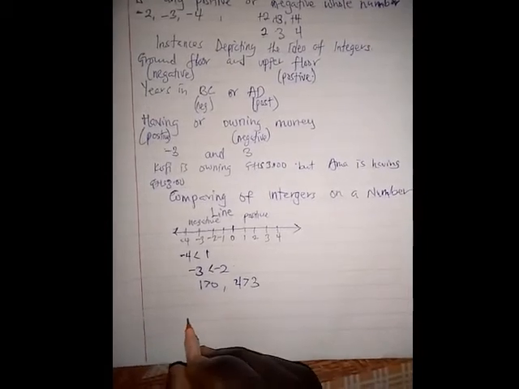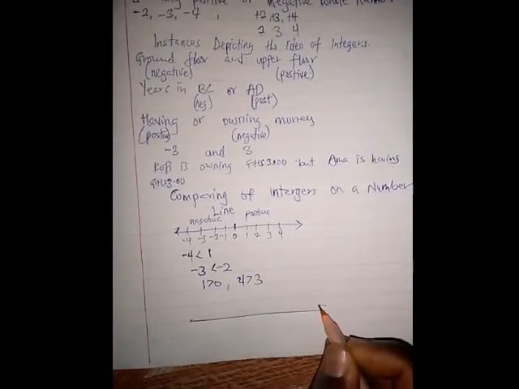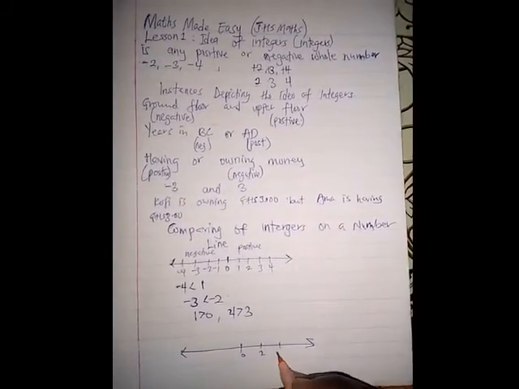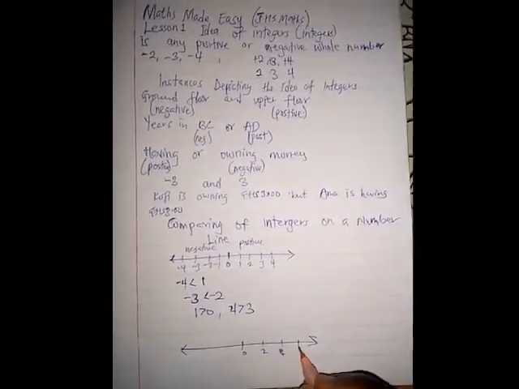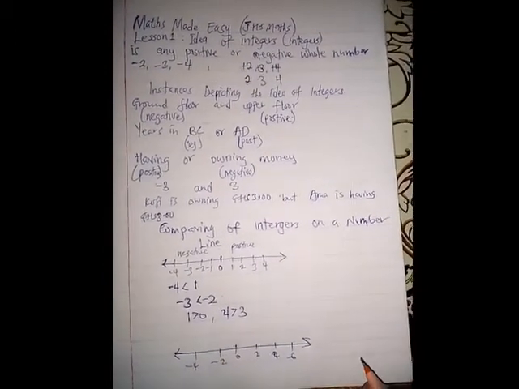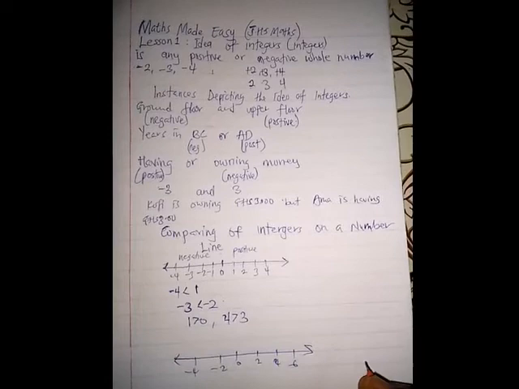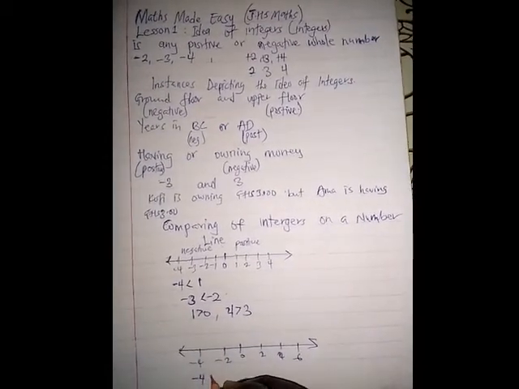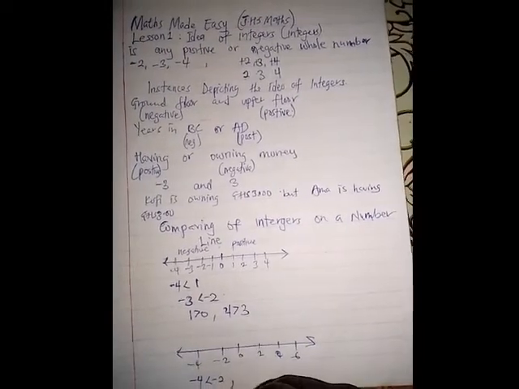So let's have another number line like this. Have 4 here, 6 here. You can have -2 and -4. So you can use this. -4 is less than -2.